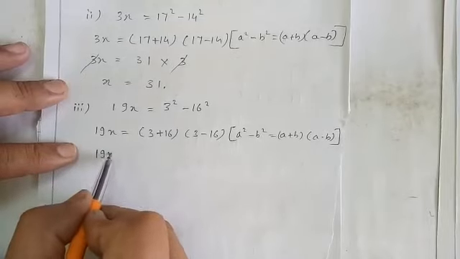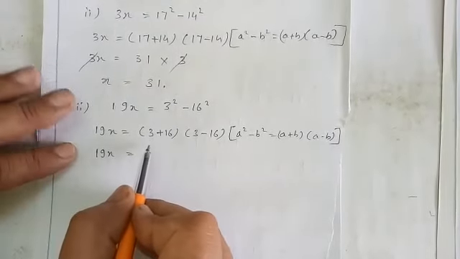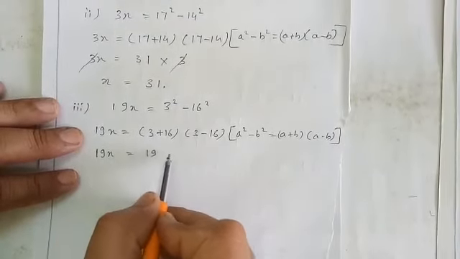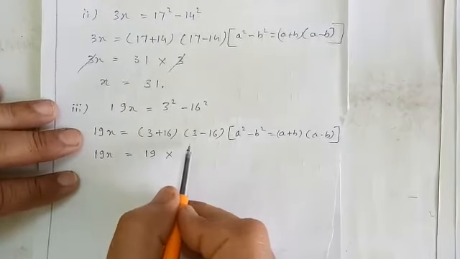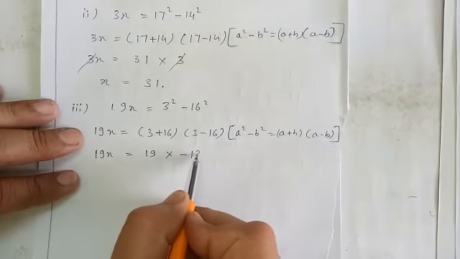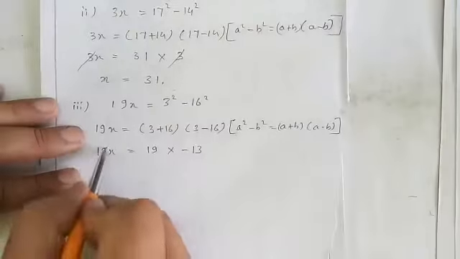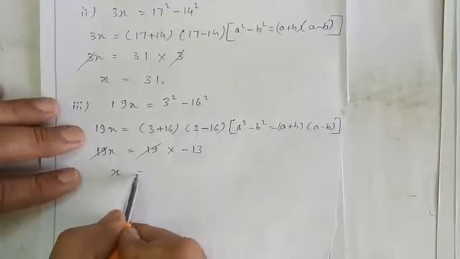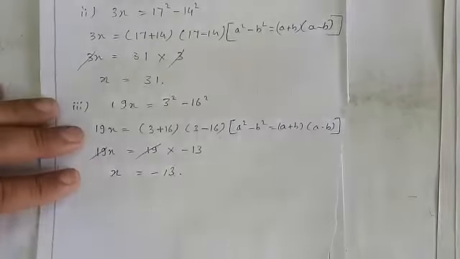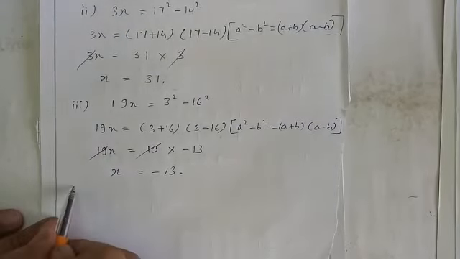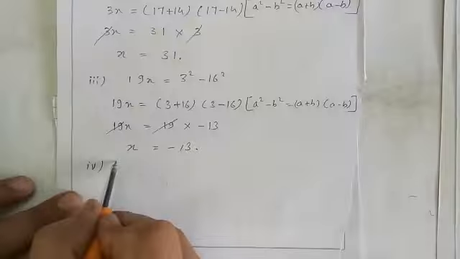Now 19x as it is, then 16 plus 3, 19, multiply 16 minus 3, that is minus 13, because 16 is greater and its sign is minus. 19 you cancel, then x equal minus 13. Is it clear?